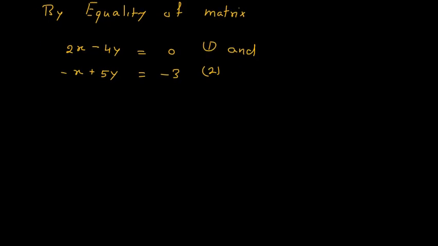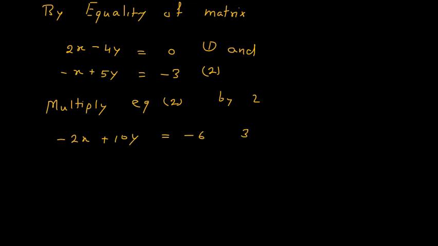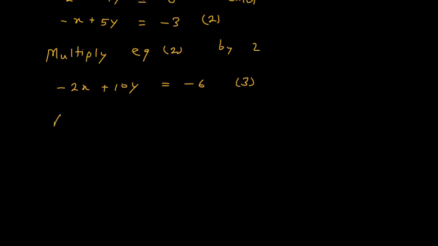Now better I multiply equation 2 by 2 and then add these two equations. So multiplying equation 2 by 2, we get minus 2x plus 10y equal to minus 6. This is equation 3. Now I add equation 3 to equation 1.